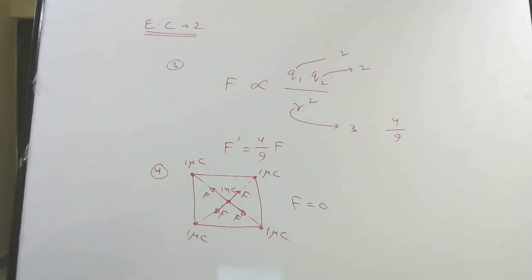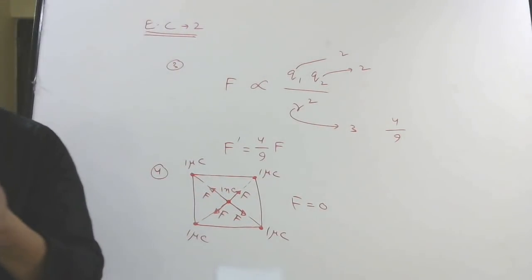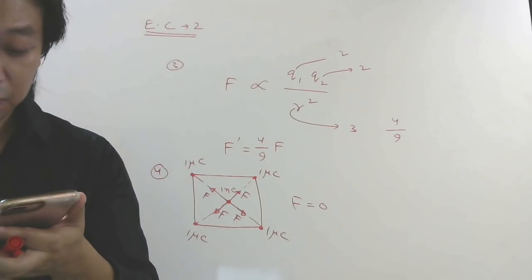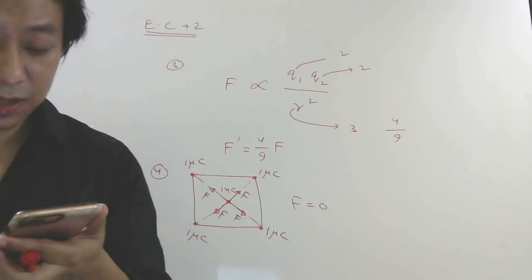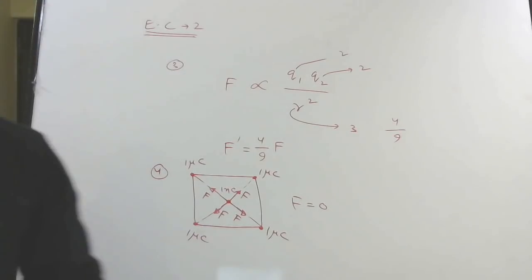Now let us see the fifth question. The force between two charges Q1 and Q2 is found to be 10 Newton. When a third charge Q3 is brought near the two charges, what will now be the force between Q1 and Q2?